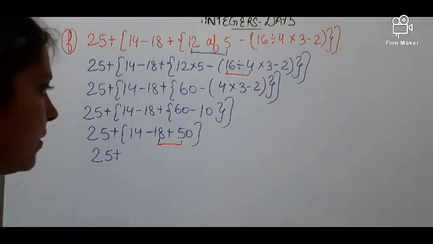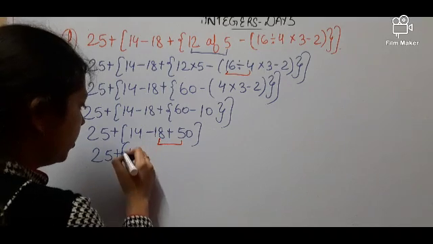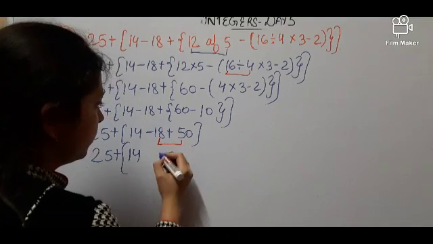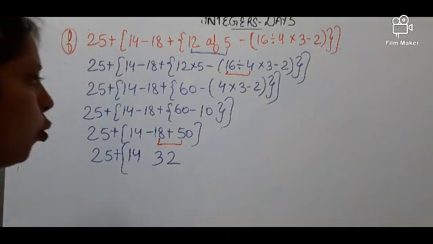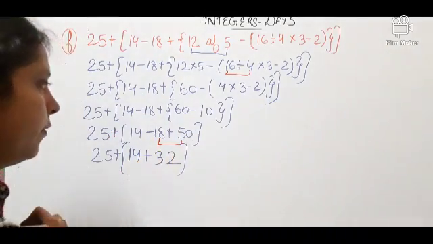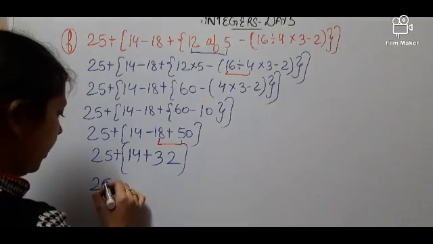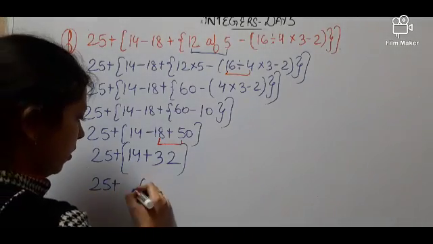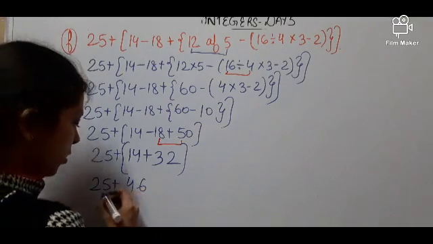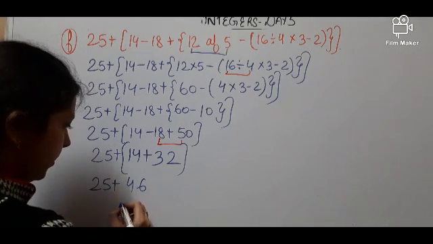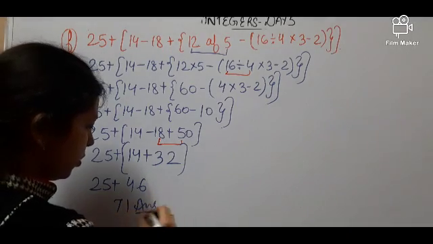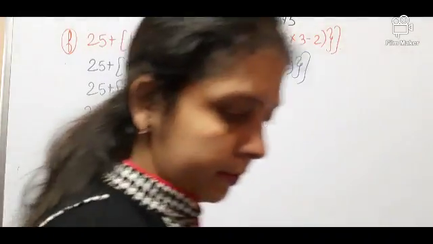So plus minus minus, and 50 minus 18 gives you 32, and the big number is preceded by a positive sign, so we'll get positive 32. Then the square bracket gives us 46, and now add it. So 25 plus 46 gives you 71. So 71 will be the answer.